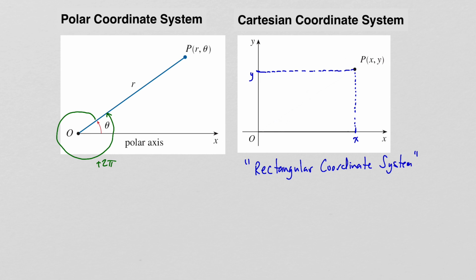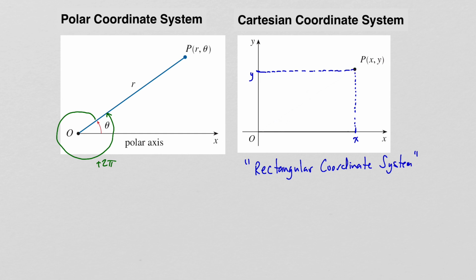So there is not a unique representation of this point in polar coordinates. In the Cartesian coordinate system, this representation for this point, x and y, is unique. There is only one x value on the x-axis corresponding to this point, and there is only one y value on the y-axis corresponding to this point.